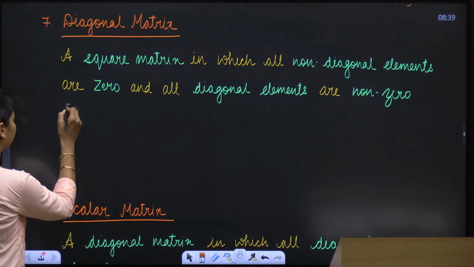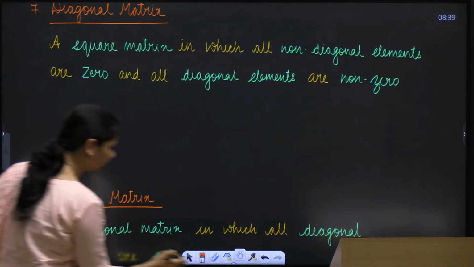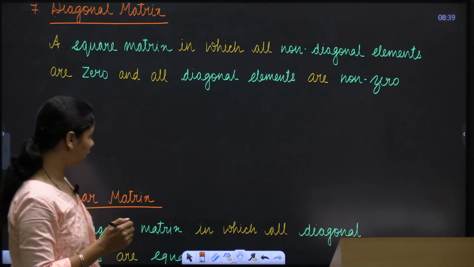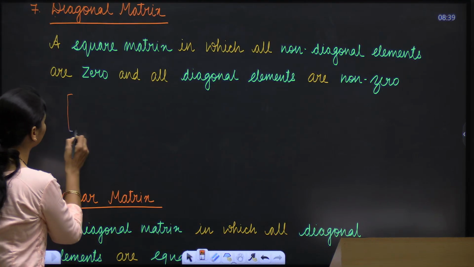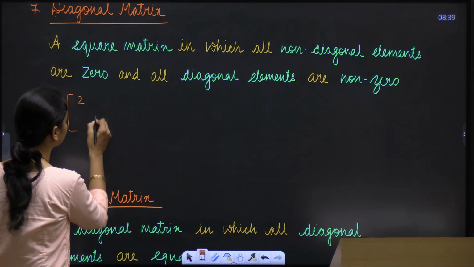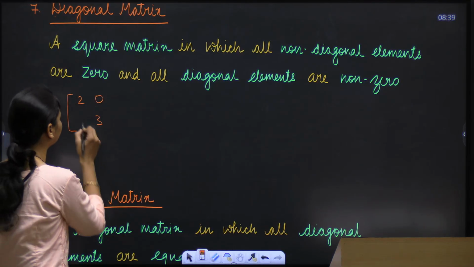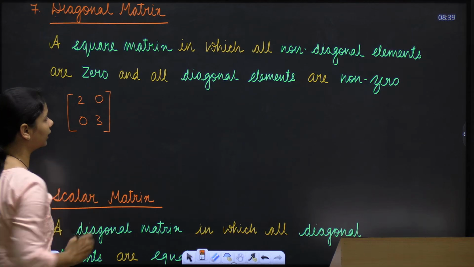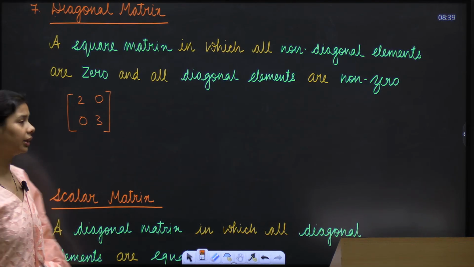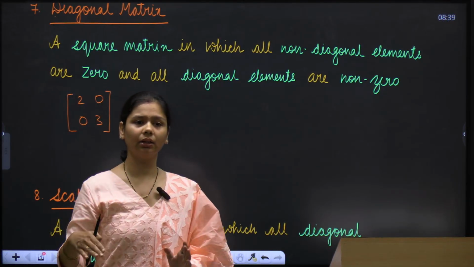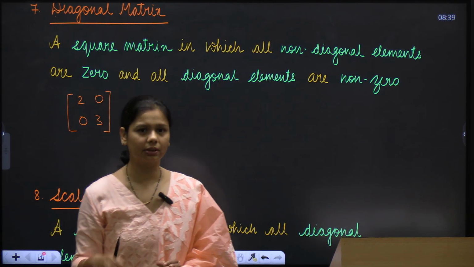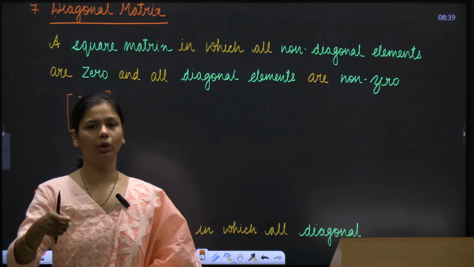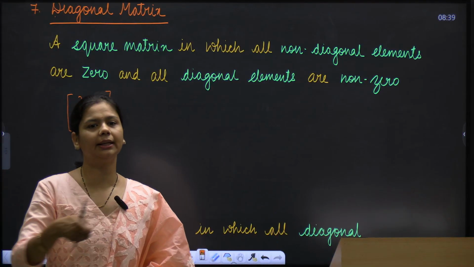So for example, let's take a 2 by 2 matrix. If all diagonal elements have some value and non-diagonal elements are 0, then this is a diagonal matrix. The most important thing is that the diagonal elements which will have some value will be at the A11 position, A22 position, A33 position.